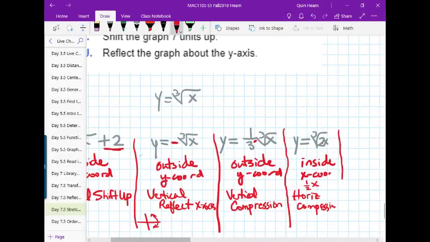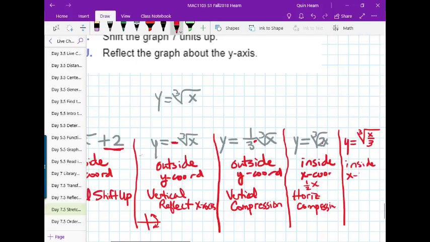Let me show you what an example of a horizontal stretch would look like. y equals the cube root of x over 3, for example, is still inside the function. It's still affecting the x-coordinate, but you can think of this as 1/3 of x. This number is between 0 and 1. It's a small number.